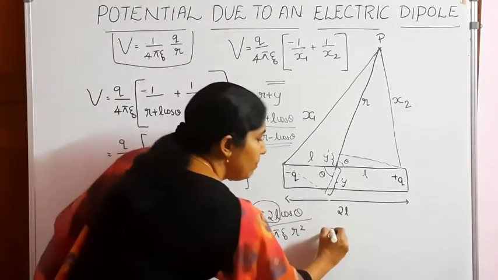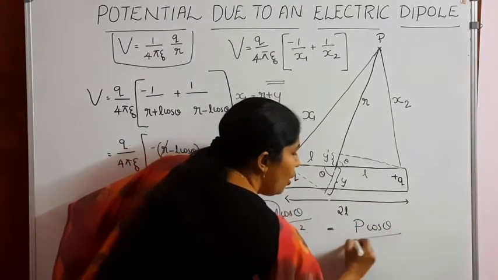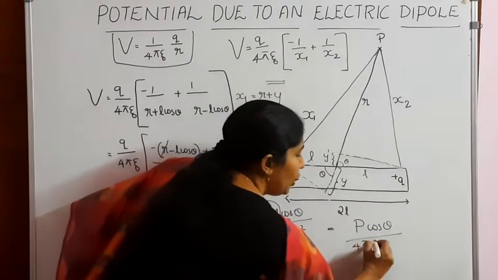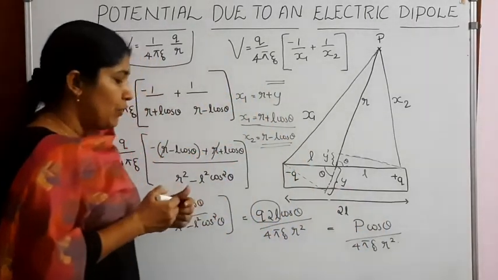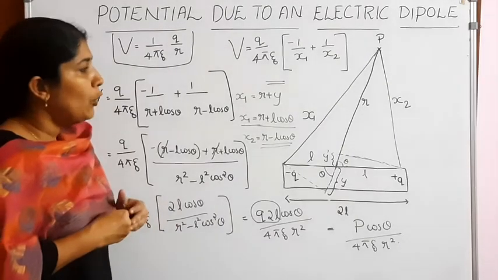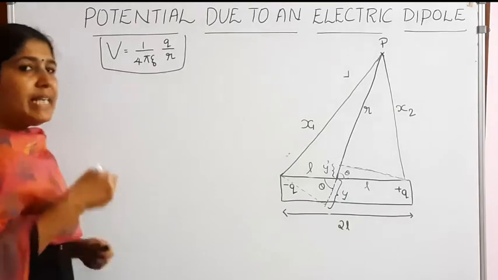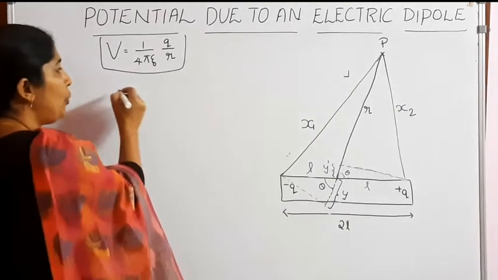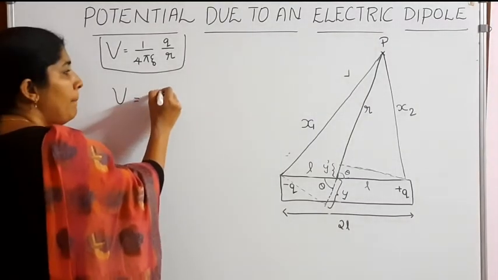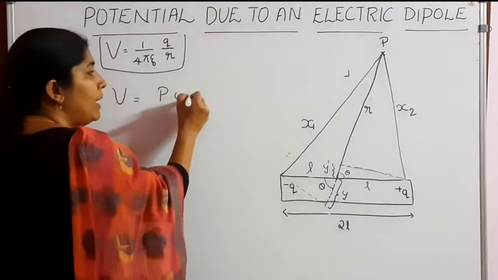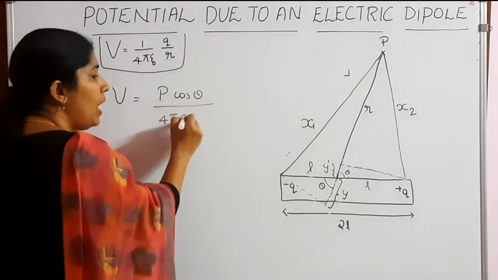Now the equation becomes p cos theta divided by 4 pi epsilon 0 into r square. This is the expression for the potential at the point P due to the dipole. Once again, the equation for the potential at the point P due to the dipole is p cos theta divided by 4 pi epsilon 0 into r square.